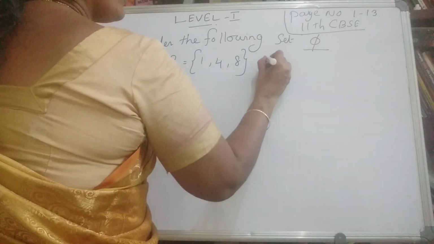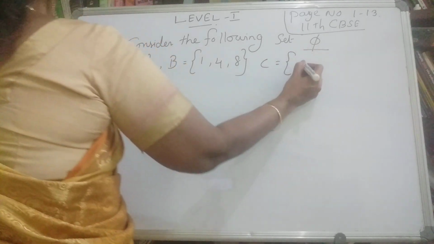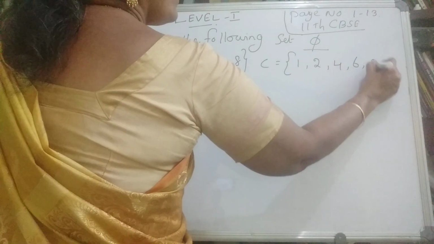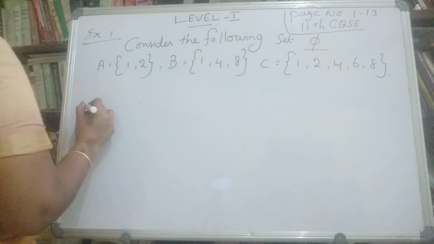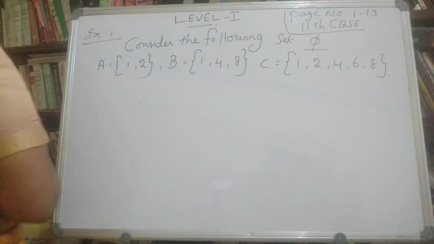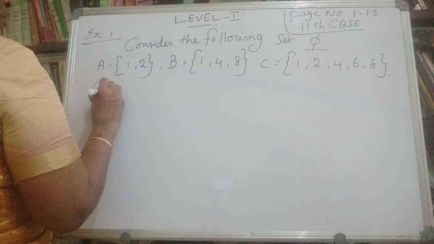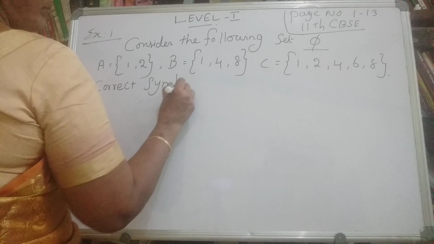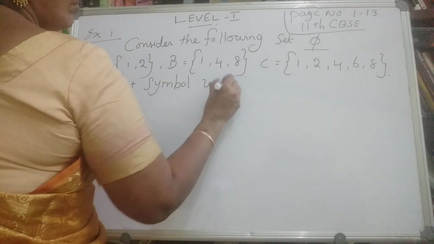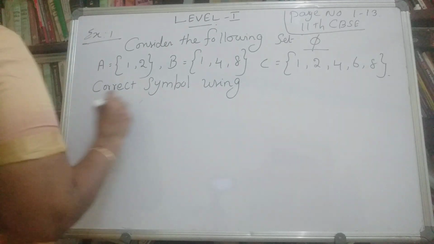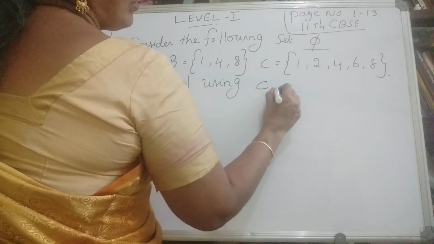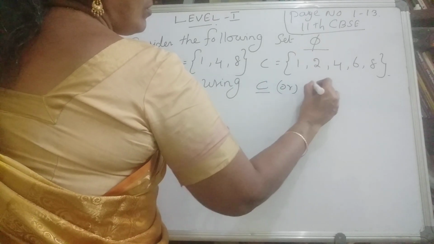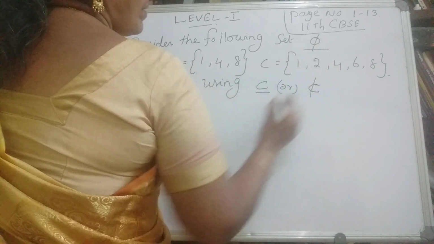Set C is 1, 2, 4, 6, 8. Fill in the correct symbol using subset or not a subset, any symbol.